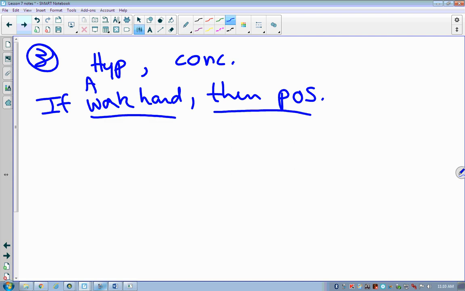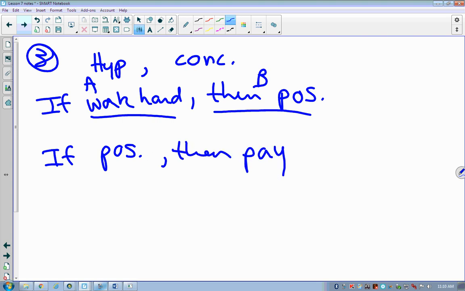A, B. The next one, if you find a position, then what? Then pay. So here is B, and this is C. It's a new thing, correct?